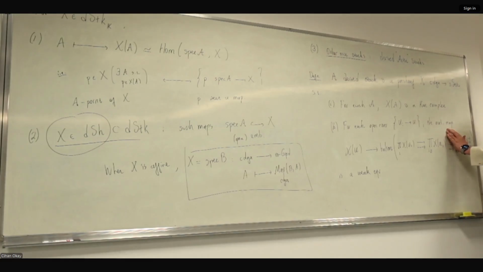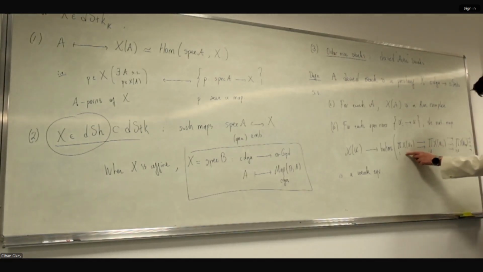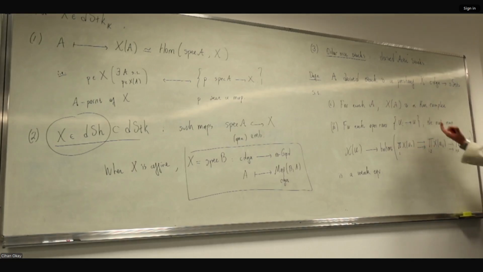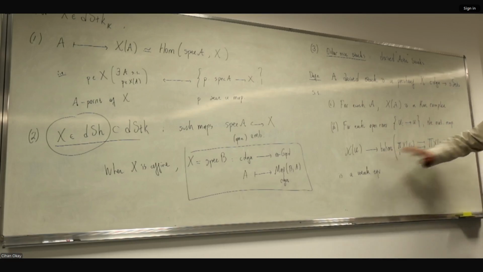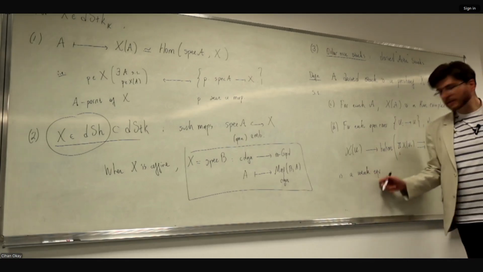Because remember, to understand, for instance, a vector bundle, if you have a local section on each cover, and you have some kind of identification on the overlaps, and if you have a cocycle condition, this is enough data. Here, with triple intersections, you have higher coherence and higher cocycle conditions, contrary to the usual case. So to encode this data, you consider this cosimplicial diagram, or simplicial diagram, I don't remember the formal name, but if you consider the homotopy limit, you want this thing to be a weak equivalence.